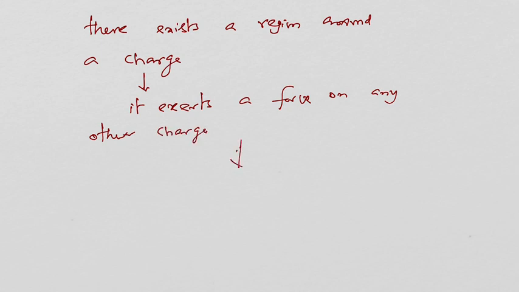This region where the particular charge exerts a force on any other charge located or brought into the region is called the E field, electric field of that particular charge. Which charge? In this case it is Q1.